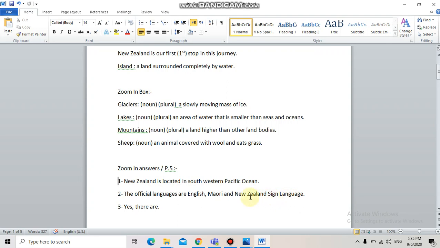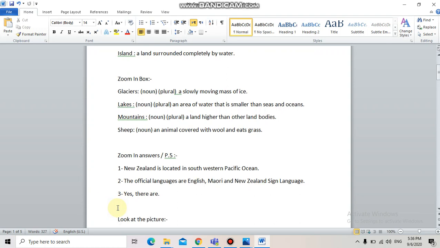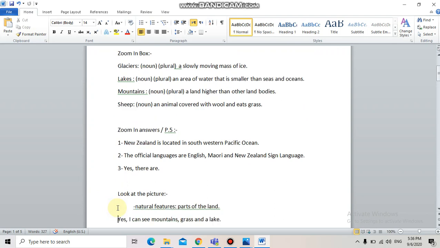So here we can tell that in New Zealand there is a specific sign language that is related to that country, and this is very, very interesting. 3. Yes, there are. Of course, we have sheep in our countries. Where you come from, Jordan, Egypt, Palestine, any country that you come from, I bet that there are some sheep in our country.